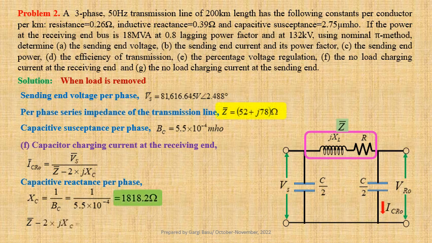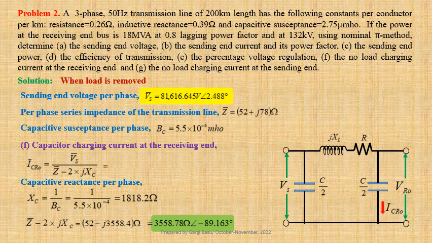Using values we get 52 minus j times 3558.4 ohm. This may be written in polar form as 3558.78 ohm at an angle minus 89.163 degree.